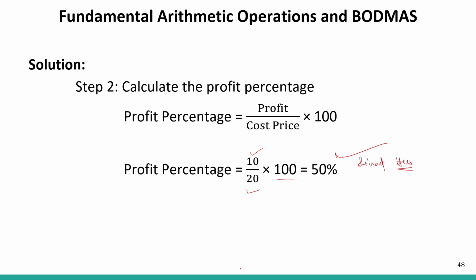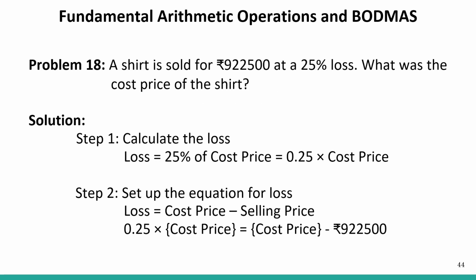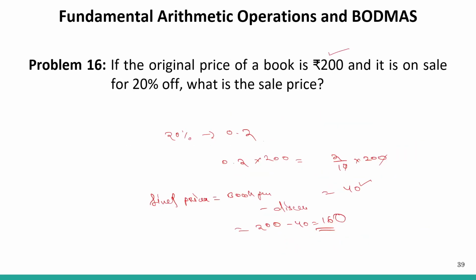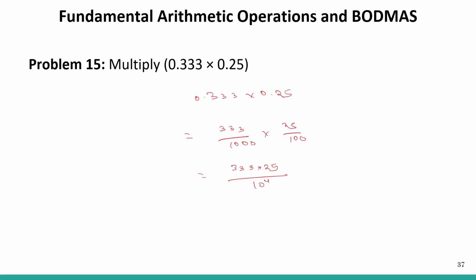Okay, so in this lecture what we covered was a variety of questions that are being asked. We have done questions on profit percentage and on the original price of a shirt. We have also solved mostly problems on percentages, and we also solved problems involving BODMAS and decimals, and involving different arithmetic operations.